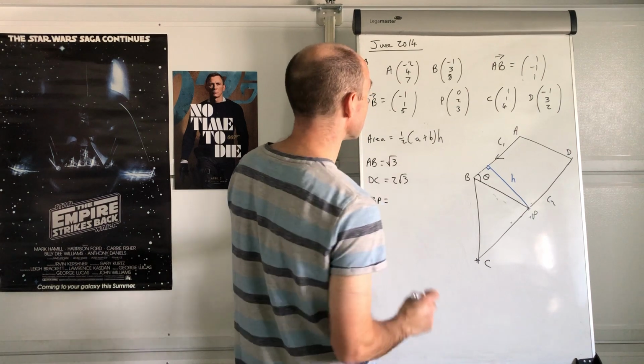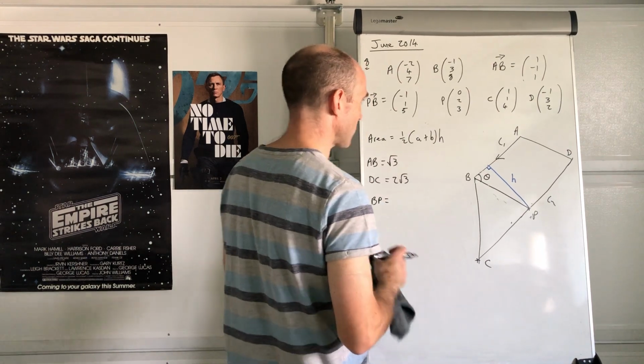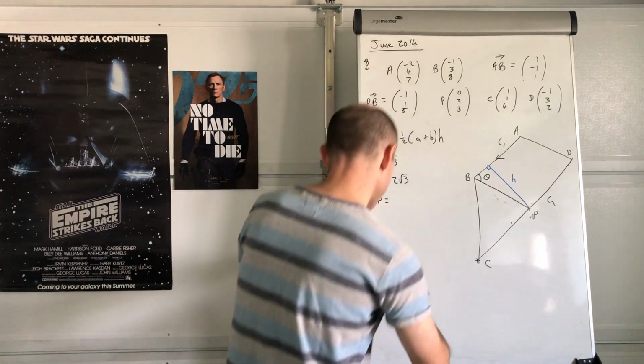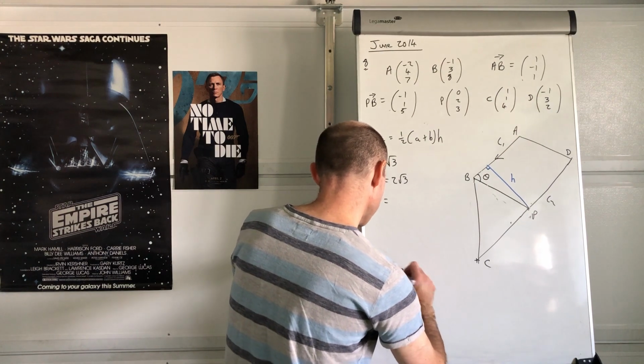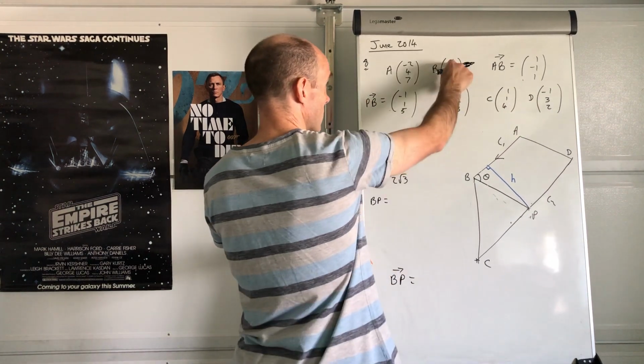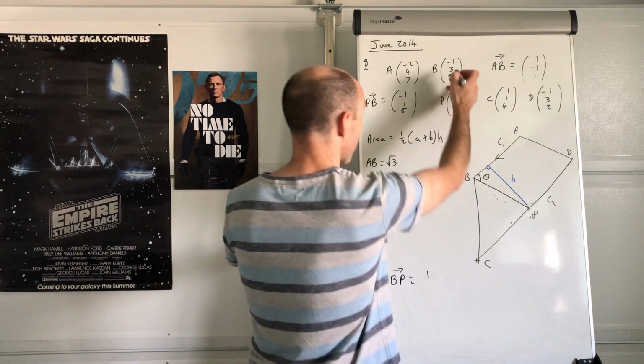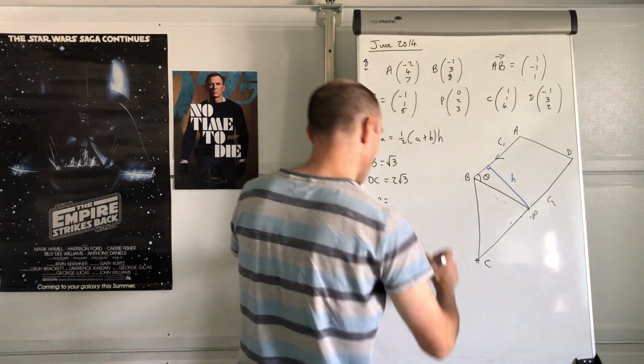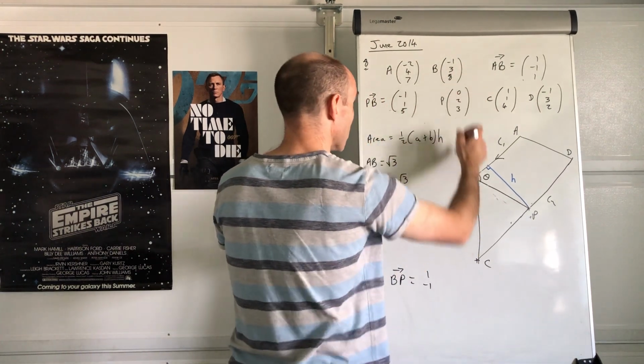So let's just write down what BP is as a length. Down here I'm going to write down what P is as a vector, B to P. So it's going to be 1, and then negative 1, and then negative 5.